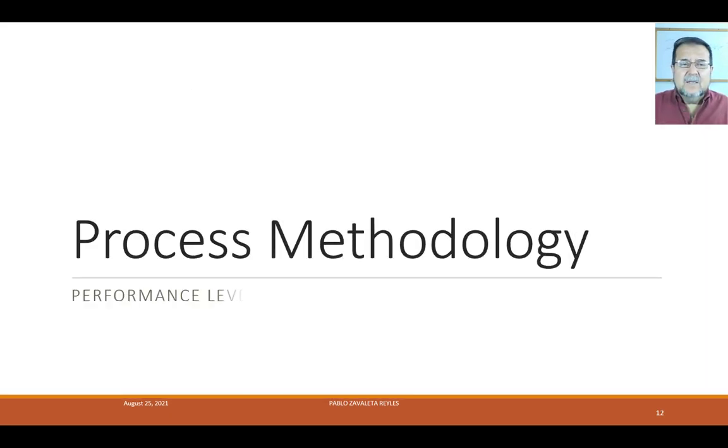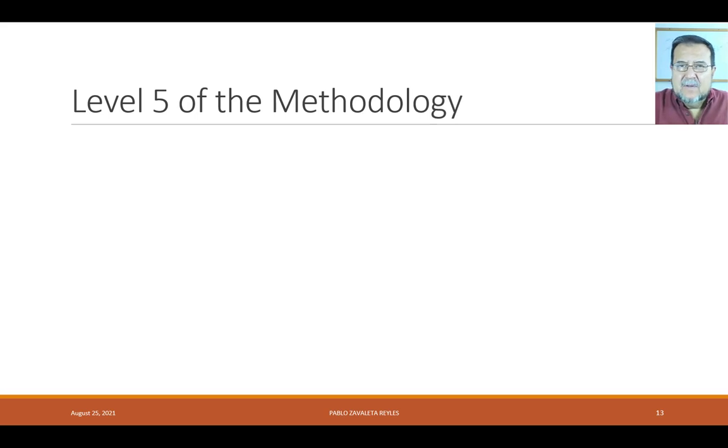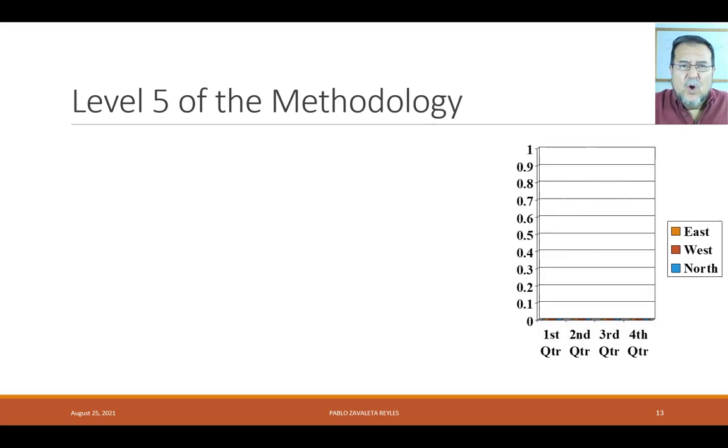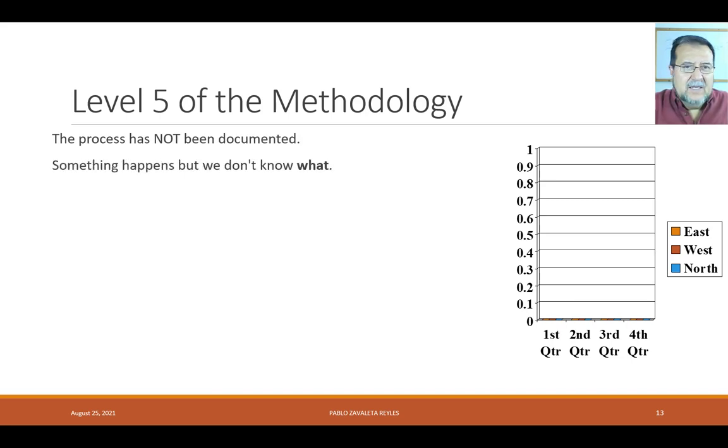So now let's talk a little bit about process methodology and performance levels. When we talk about a process in industrial terms, there are many levels that we can see things regarding our process. At the highest level, that's where we don't know anything about what's going on. The process hasn't been documented. We know that something's happening, but we don't know what.